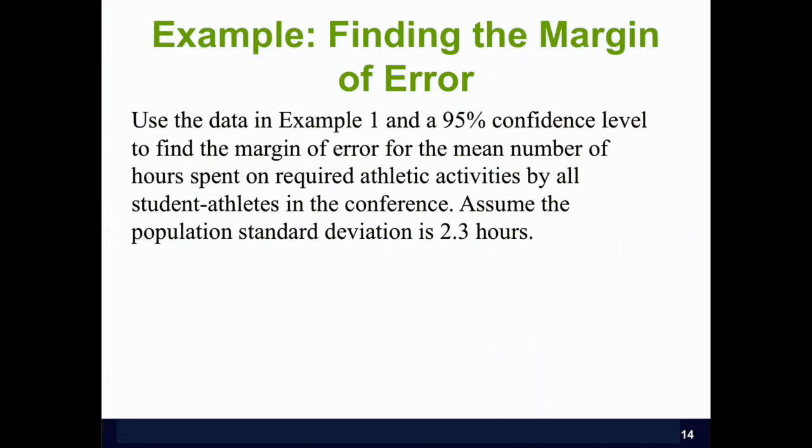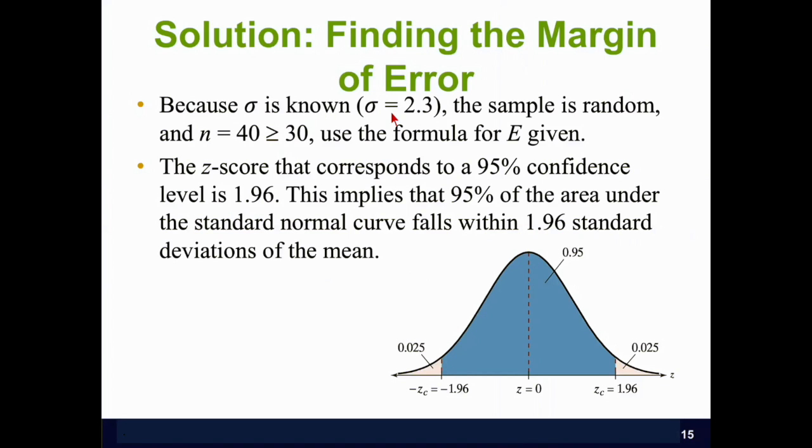Now, we're going to assume that the population standard deviation is 2.3 hours. This is a requirement. We need to know the standard deviation because we are assuming that in this case we know the standard deviation of the population. Sigma is known, equal to 2.3. The sample is random, and n is equal to 40, which is greater than or equal to 30. So we can use the formula for the margin of error that we explained in the previous video.